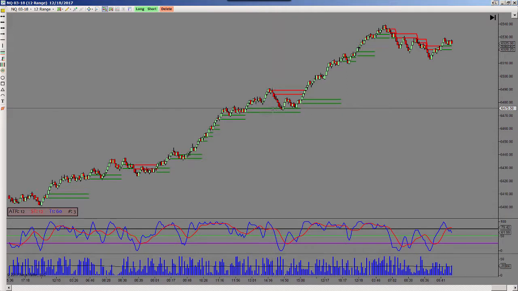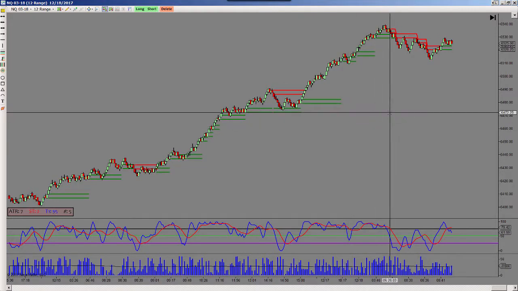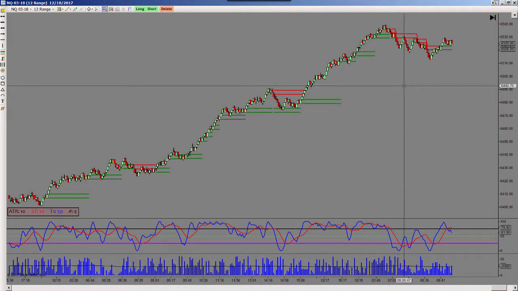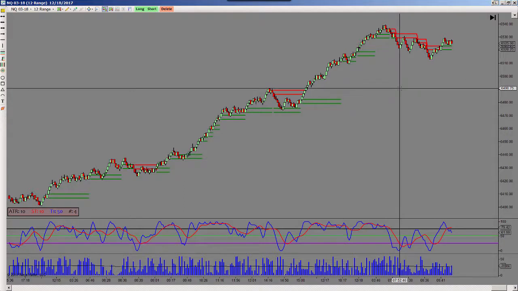Because my thought process is, as the markets are moving, the ATR is expanding, and when the markets are really tight, it compresses. So I would know that I need to be going for less profit, if that makes sense.